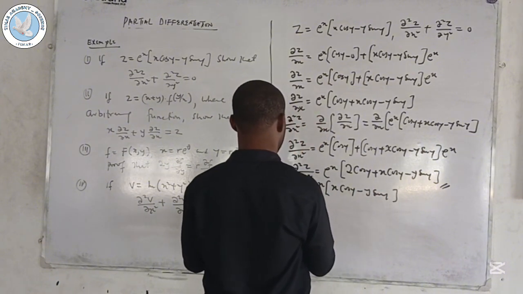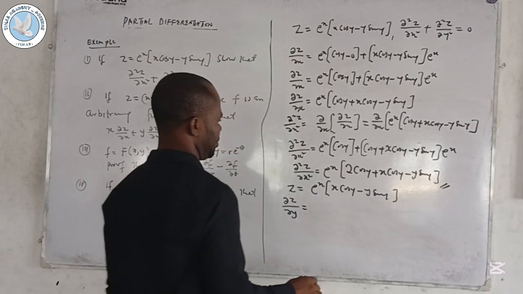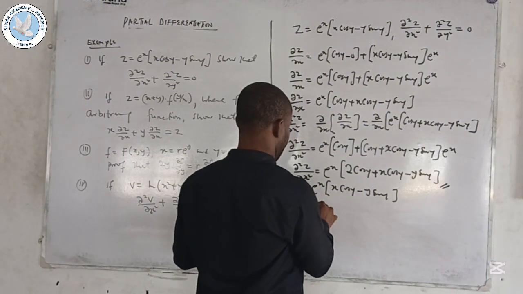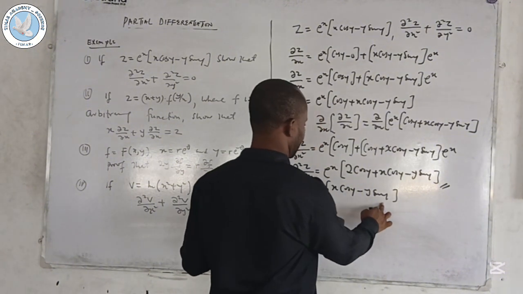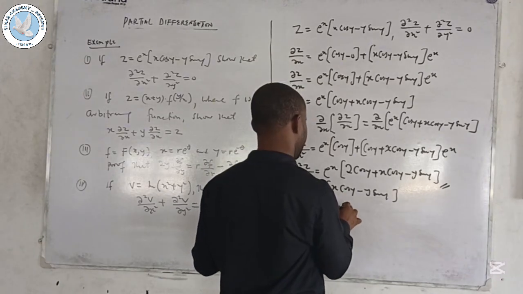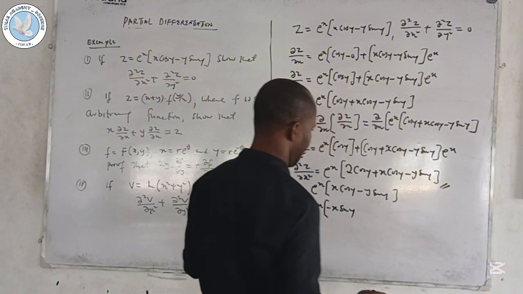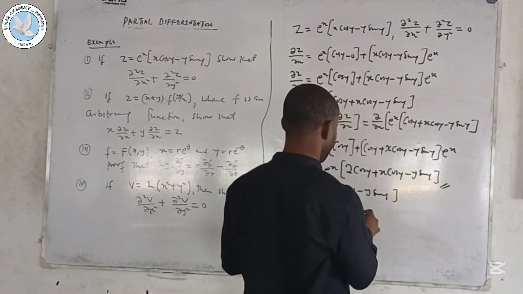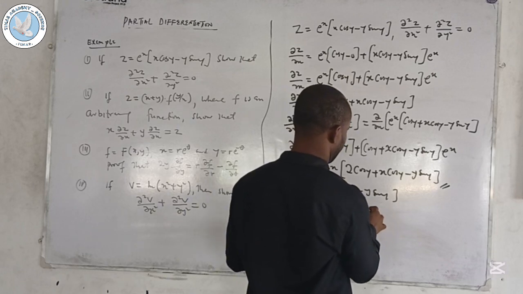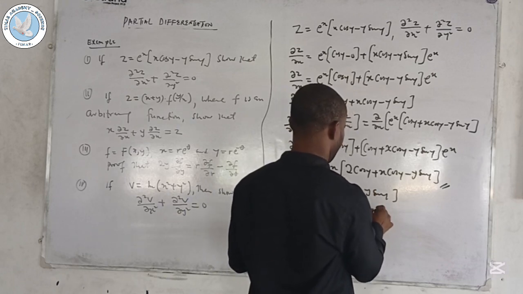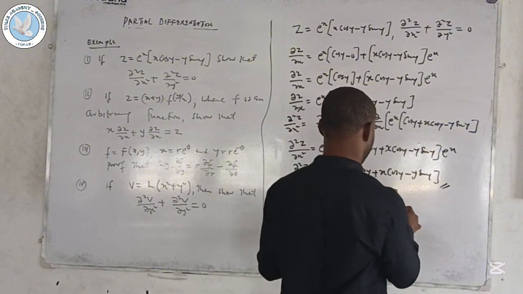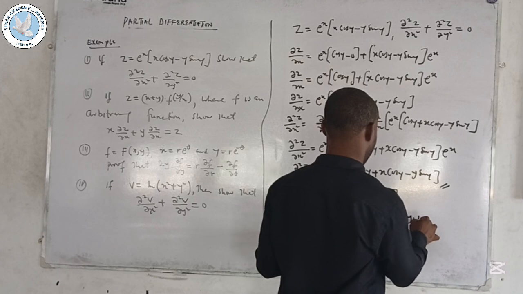So partial differentiation with respect to y is: if you're going to maintain this exponential x and factorize this, this is giving us minus x sine y and minus into this cos y plus sine y dot 1.